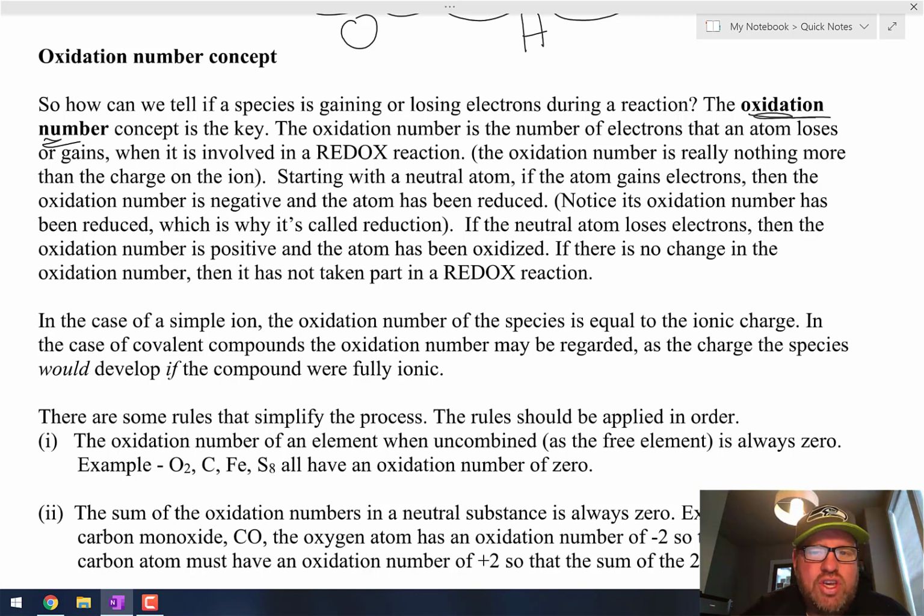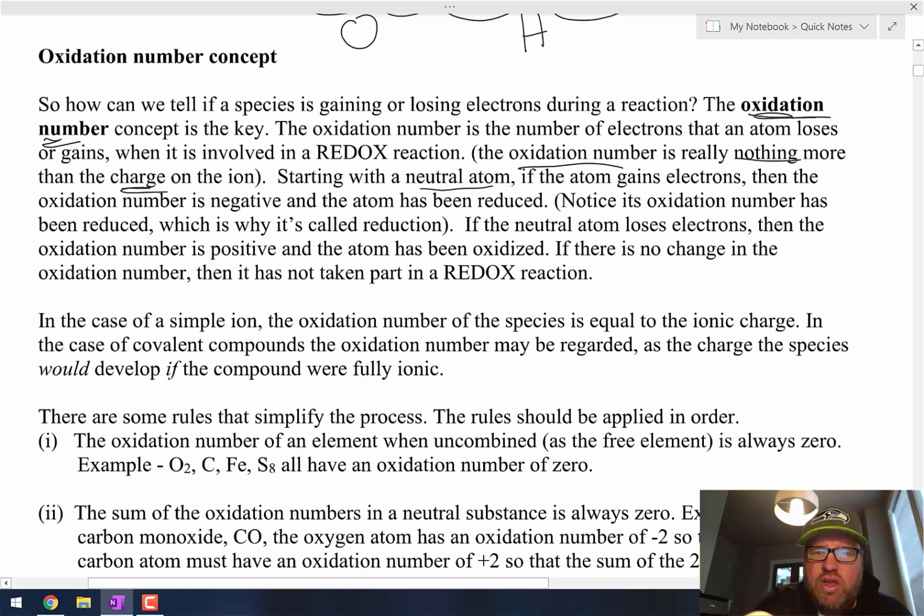So the oxidation number is the number of electrons that an atom loses or gains when it's involved in a redox reaction. So a real easy way to identify a redox reaction is something's charge is decreasing and something else's charge is increasing. Oxidation number is nothing more than the charge on the ion.